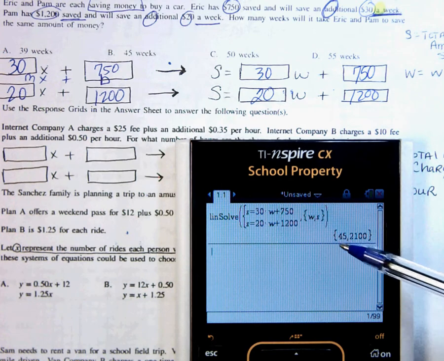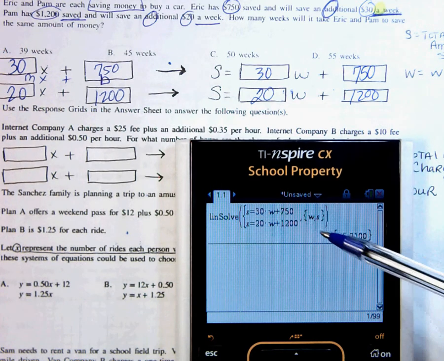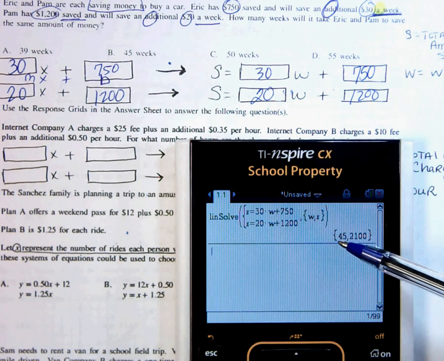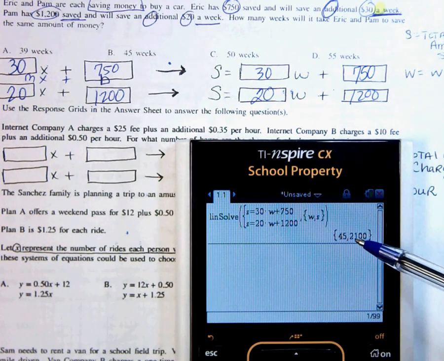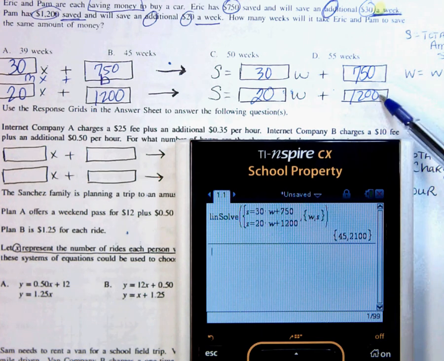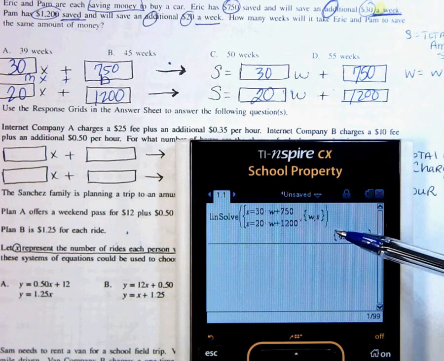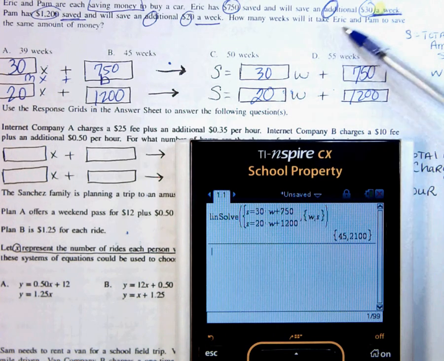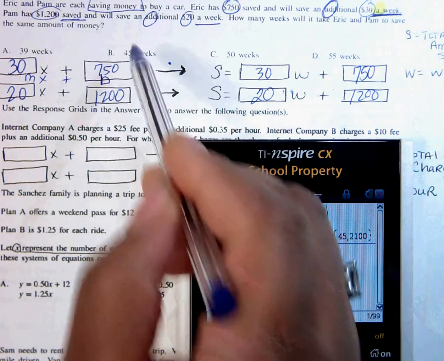It says the first number is 45, the second number is 2100, but we know that the first number represents W. So in 45 weeks, they will have $2,100 saved. Even though they start in two different spots, they will both save $2,100 in 45 weeks. So the question says, how many weeks will it take Eric and Pam to save the same amount? The answer would be 45.